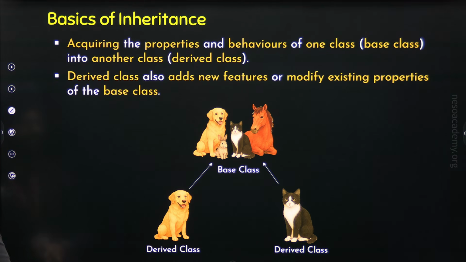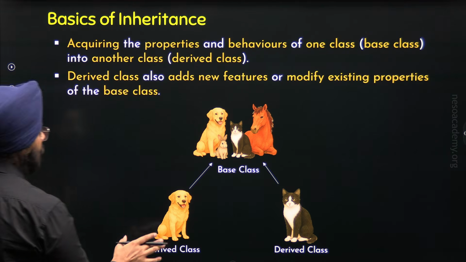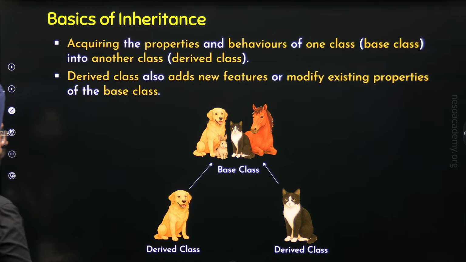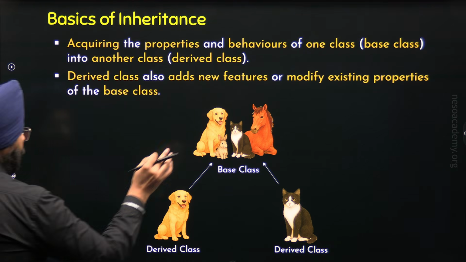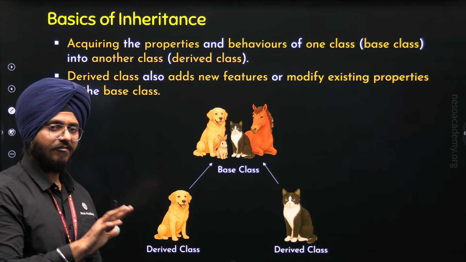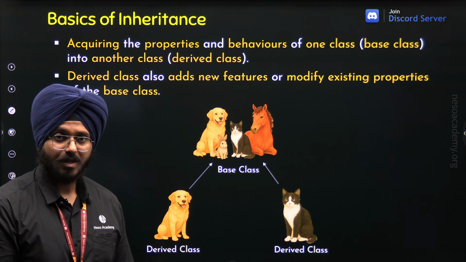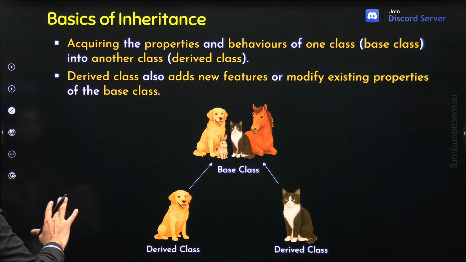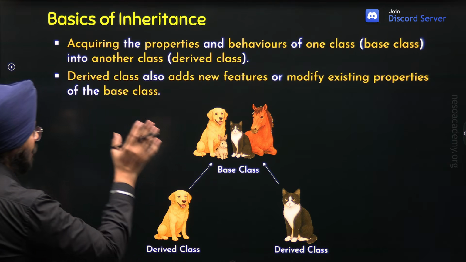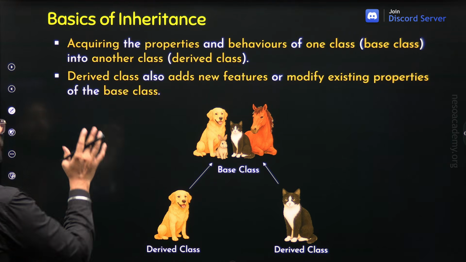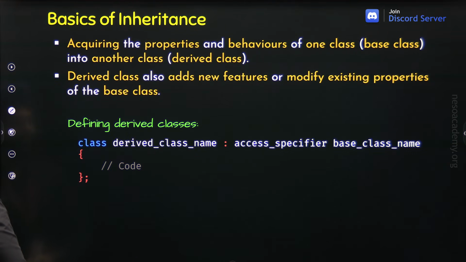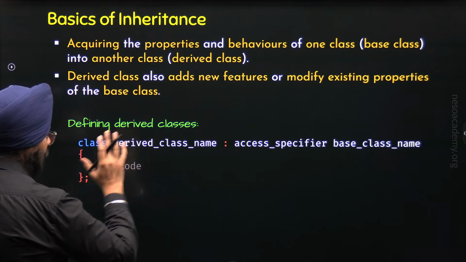Now let's understand how we can define derived classes in our C++ programs. Defining a base class is same as defining any other class, but derived class follows a different syntax. Now let's understand the syntax of the derived class. This is how we can define a derived class.